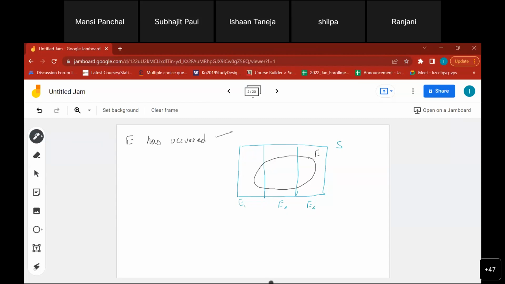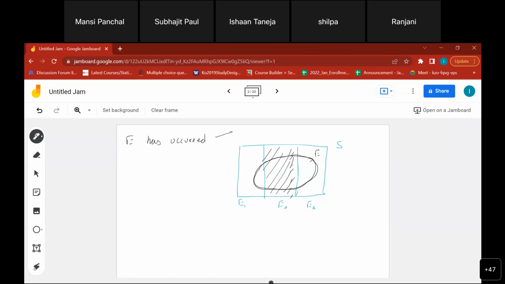This information is given to you that event E has occurred. Then you have to find the probability that it occurs in this E2 region. How would you find it?